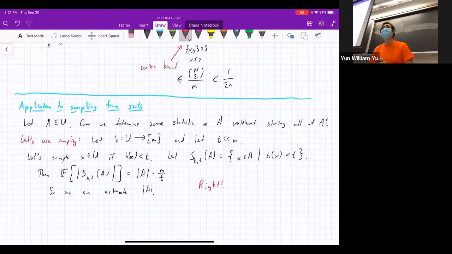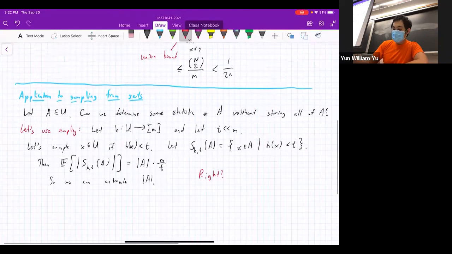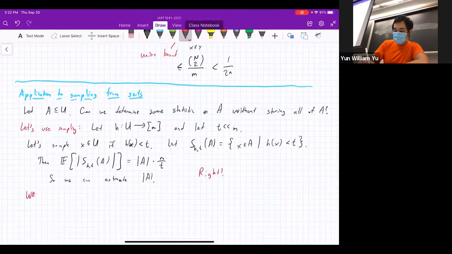And so the reason this doesn't work is because even though we have this intuition that hash functions should randomly move stuff around, that isn't actually part of our definition of a universal hash function. Our definition is just that the collision probability is low, not that things get mapped to random places. So this is actually not correct.